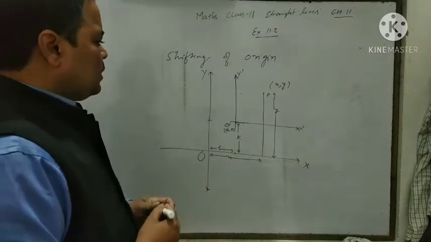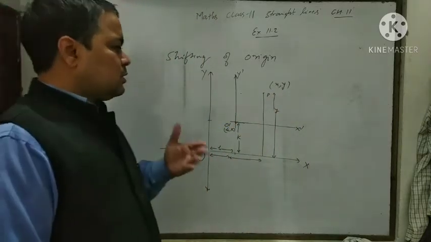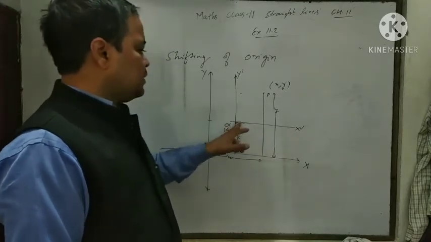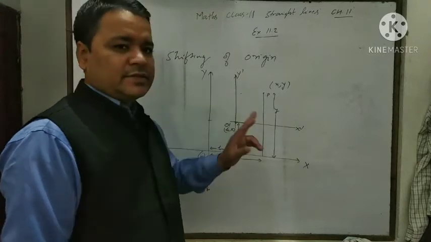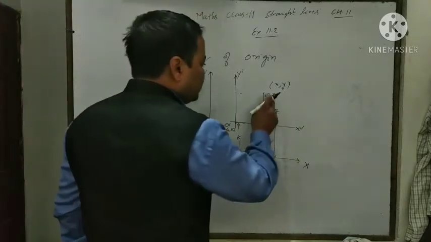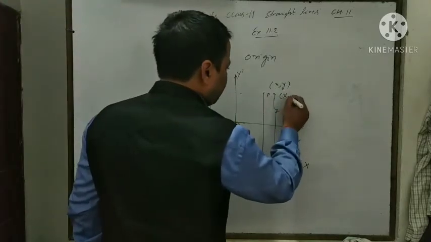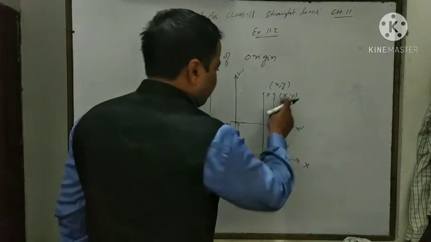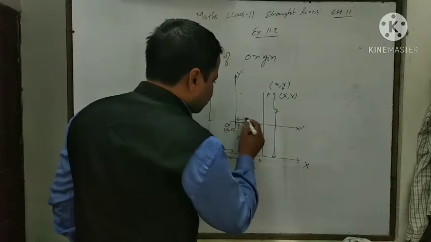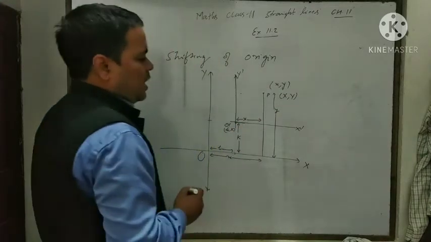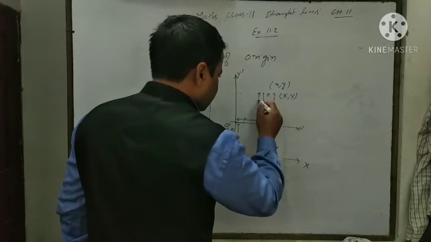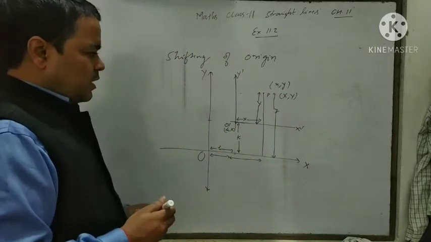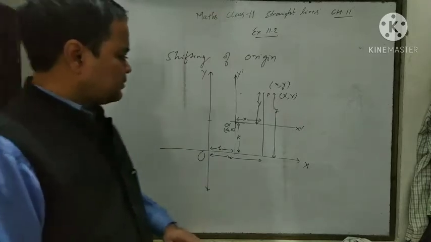Now, in the concept of the new origin, new x-axis and new y-axis, let the coordinate of P be capital X and capital Y, where capital X represents this distance and capital Y represents this distance. I think everything is clear.